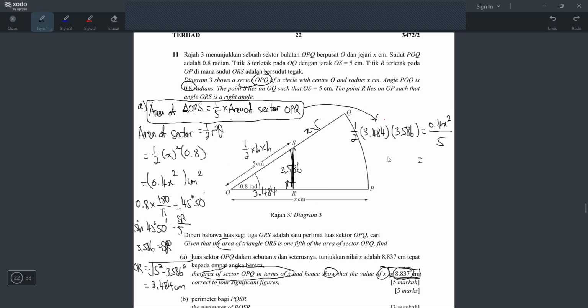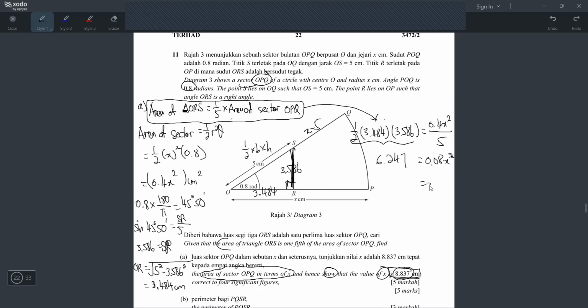Okay, so let's calculate this whole thing first. Let's press calculator. 3.484, I'll just use the answer button, times 3.586 divide 2. 6.247. Actually, it's 6.2466, but 6.247. But it's fine. I can use the answer button later. And then this one is 0.4 divided 5, which is 0.08 x squared.